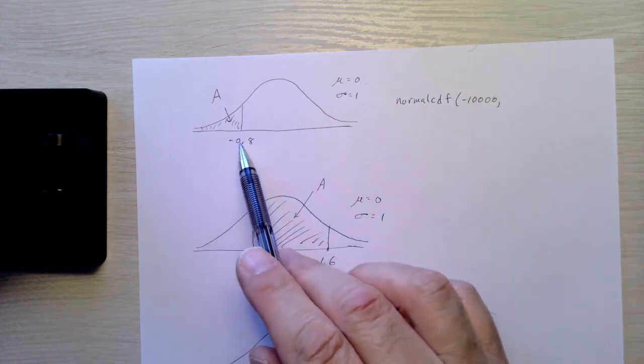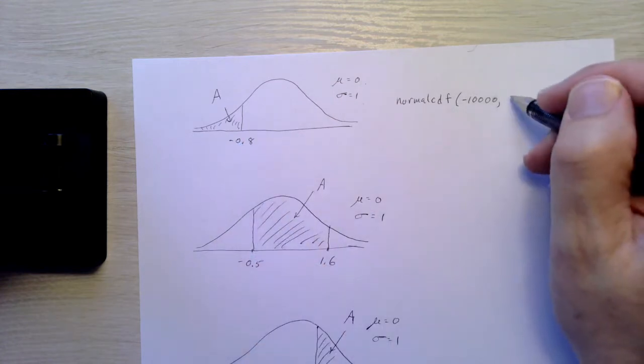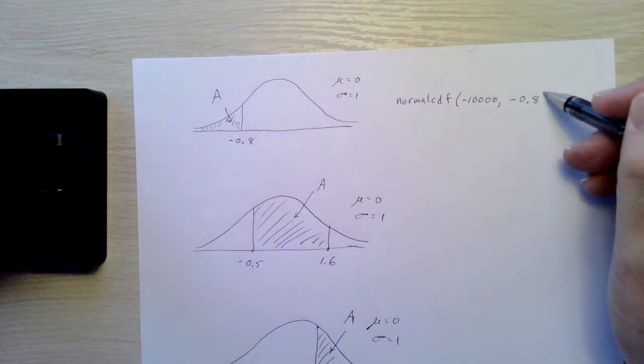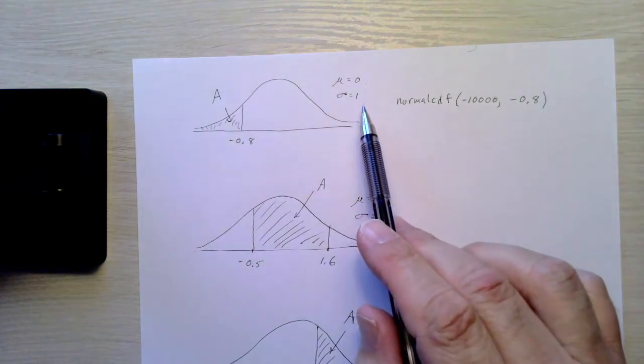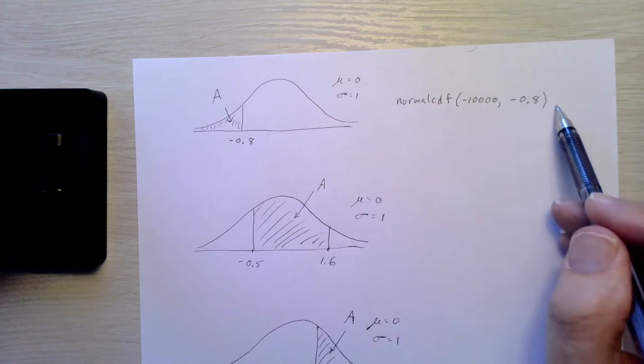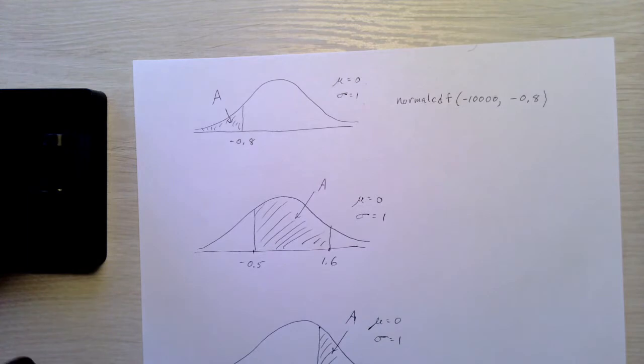And then the right endpoint is negative 0.8. That's all we need because we're using the standard normal distribution. In some cases, you could also input comma 0 and comma 1 if they're asking for the mean and the standard deviation.